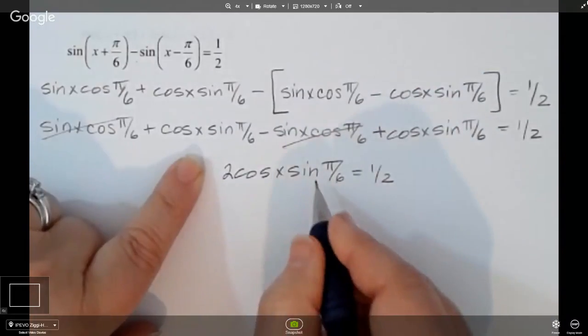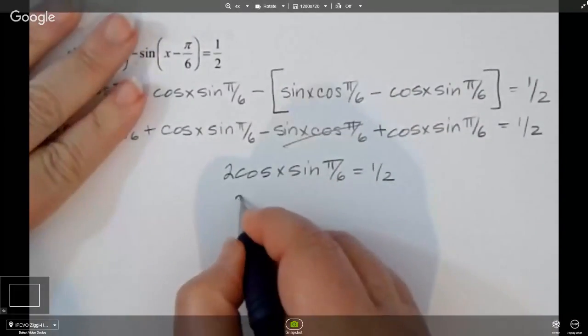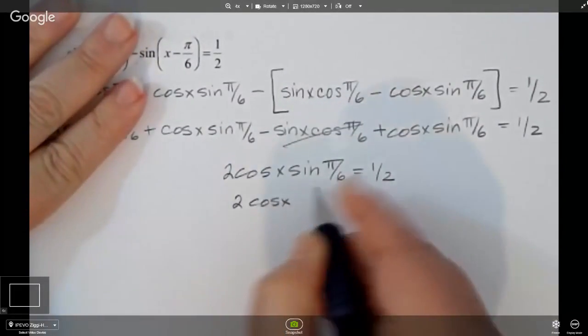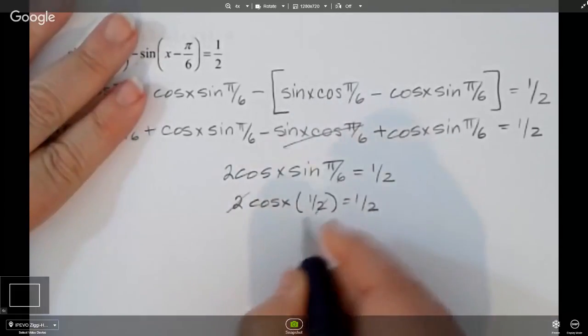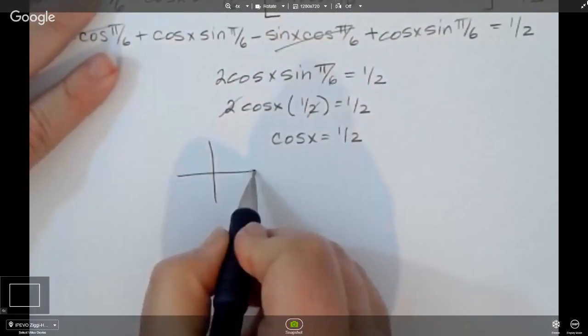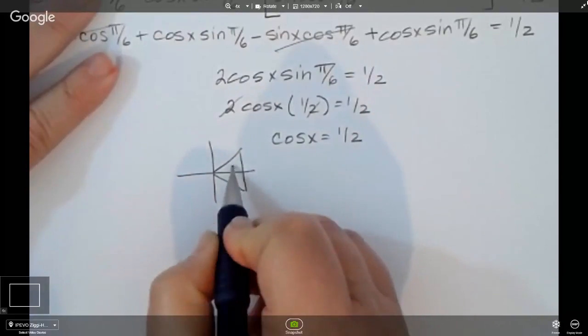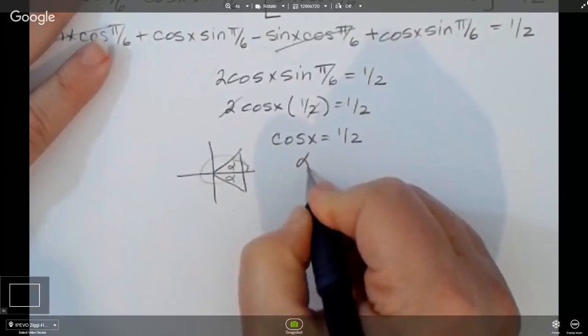But what is the sine of pi over 6? Well, the sine of pi over 6 is equal to 1/2. So this is 2 cosine x times 1/2 equals 1/2. And these 2's cancel, and I get cosine x equals 1/2. Well, the cosine is 1/2 in quadrants 1 and 4. And so let's figure out what alpha is.